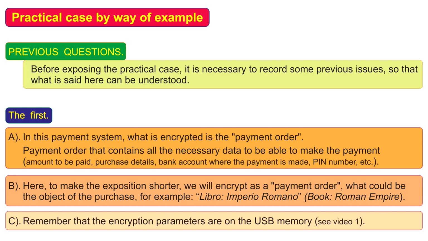A. In this payment system, what is encrypted is the payment order, which contains all the necessary data to make the payment: amount to be paid, purchase details, bank account where the payment is made, PIN number, etc. B. To make the exposition shorter, we will encrypt as a payment order what could be the object of the purchase, for example, book, Roman Empire. C. Remember that the encryption parameters are on the USB memory, see video 1.